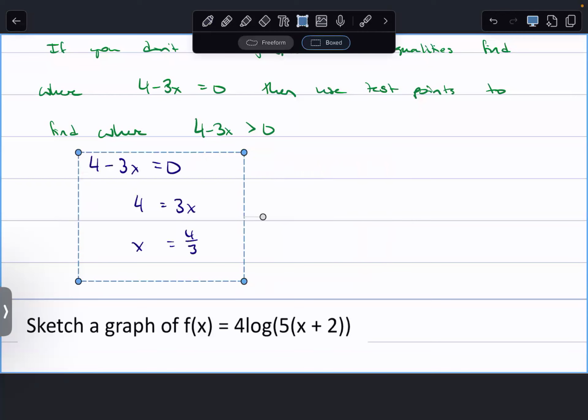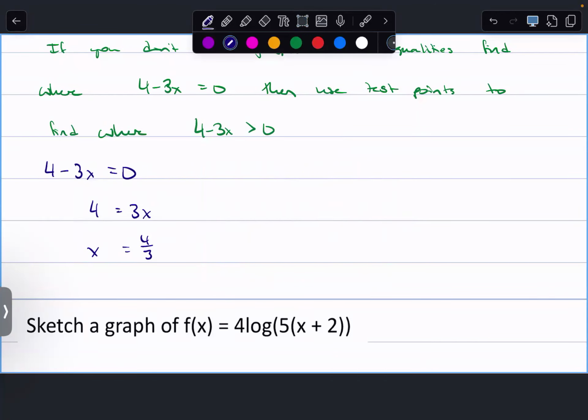And I'm going to scoot this over. I'm trying to remember, I feel like we used test points when we dealt with inequalities, absolute value inequalities especially. And so we have used test points before. So I've got 4 over 3 here, and then I just pick convenient values. 4 over 3 is roughly 1.33, so how about I do 1 and then I do 2?